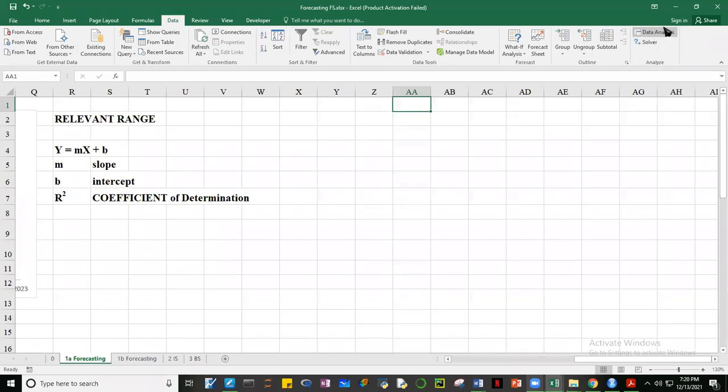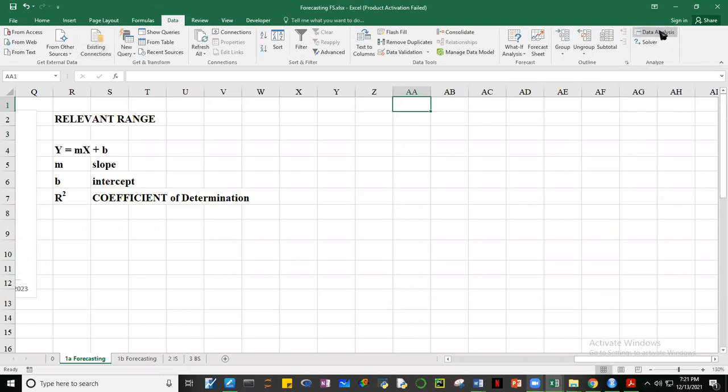Is there anyone of you who does not have data analysis here? Okay, none? Good. Since there's no answer, I assume that everyone has data analysis here. So let's use the data analysis toolpak.